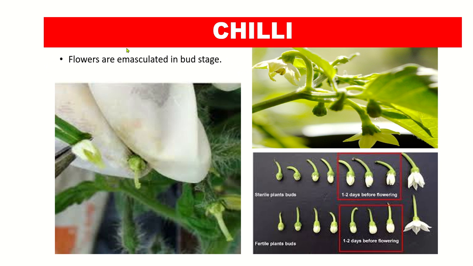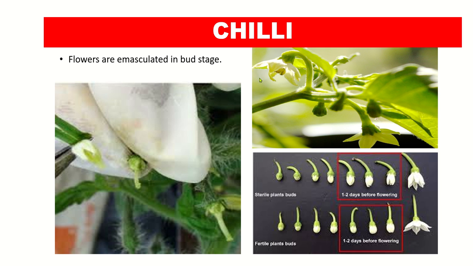What our intention should be in a hybridization or crossing program is to look for a staminate plant and a pistillate plant. So in order to make a hermaphrodite flower, where androecium and gynoecium are both present, a female pistillate flower, we have to remove the androecium. So it can be done.